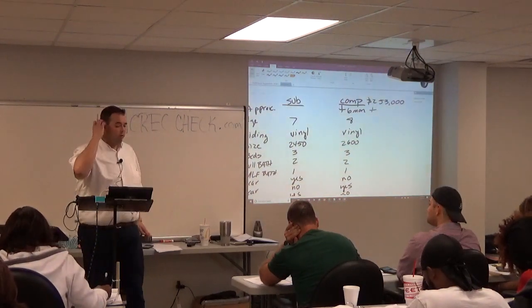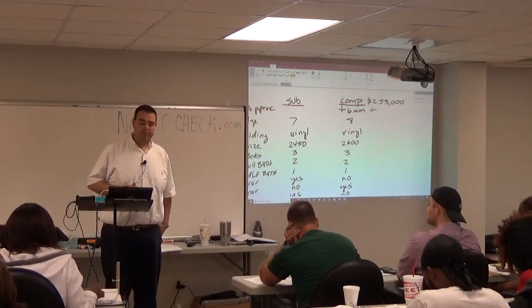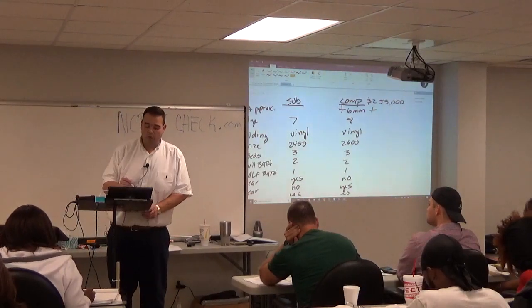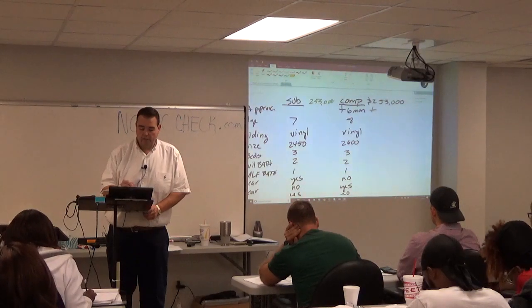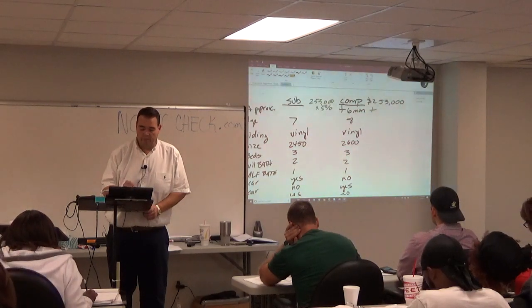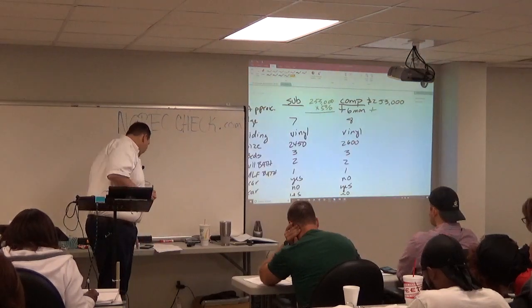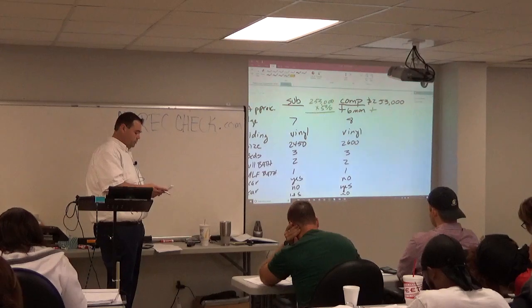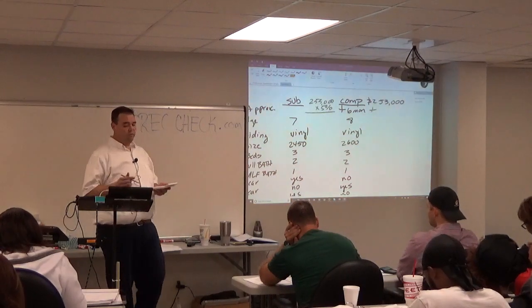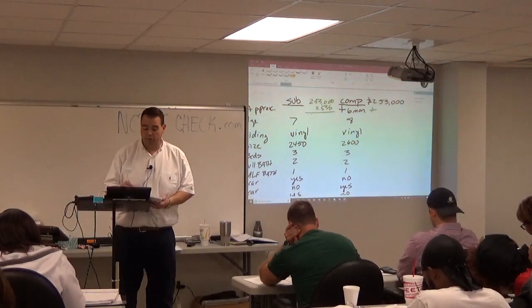So I'm going to do my work over here in the blank space between the 2 columns. What's my work look like? $253,000 times 5%. Okay, so $253,000 times 5% is $12,650 per year, right?